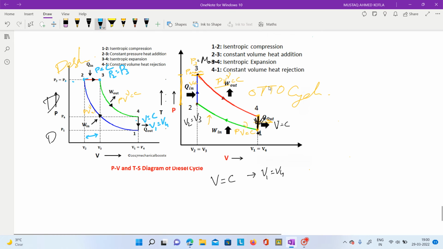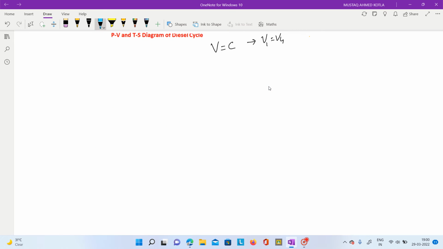Let us discuss the problem type. If any problem is given, you don't worry. You have to take only a few points at process 1 to 2. I will tell you.